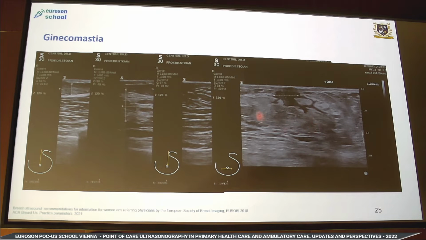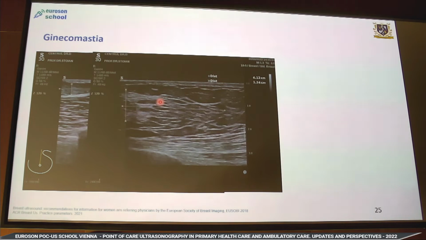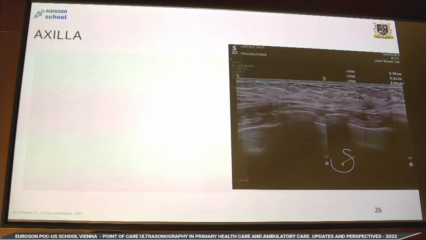I say, okay, it's still not a tumor, but this one has to be treated, and this one has to be just followed up, and this one has nothing. So it's important. The potential patients that can come into our labs are really, really many.